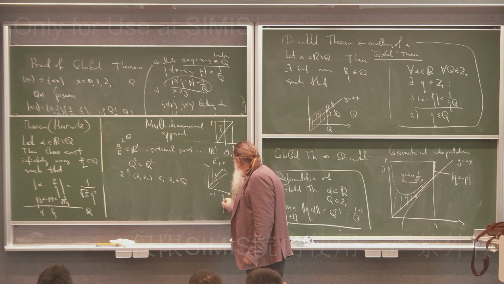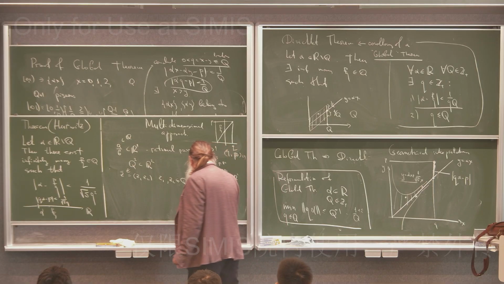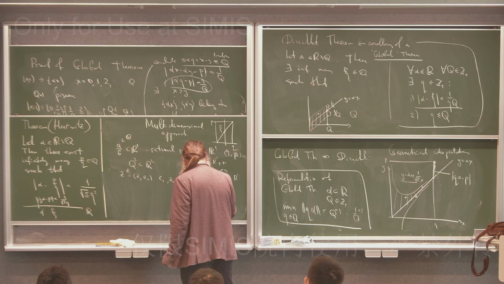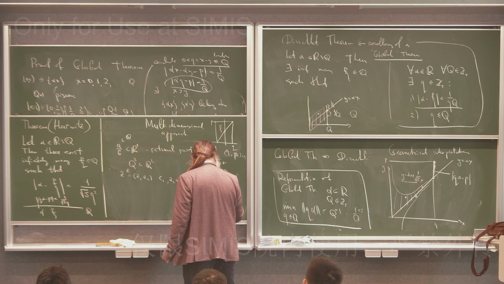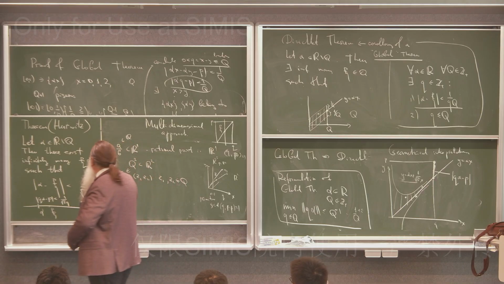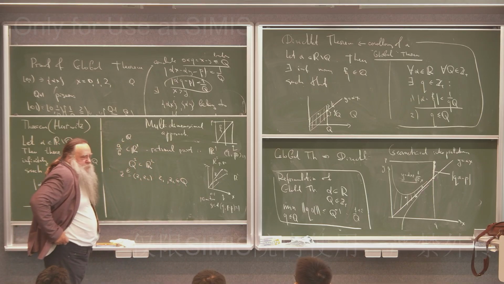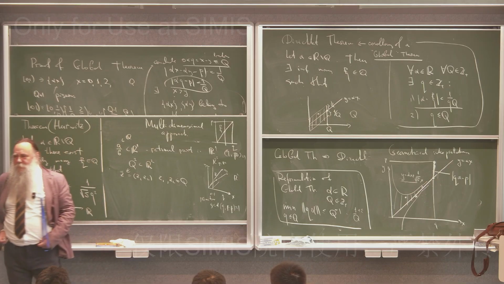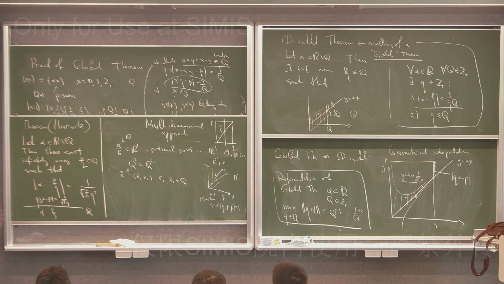What does primitive mean? Primitive means that the greatest common divisor is equal to 1. So I am repeating the question. If we have a rational point, how should we define its canonical representation?